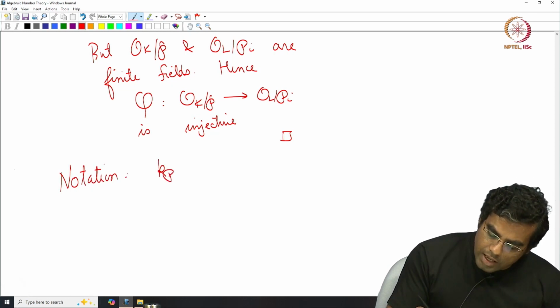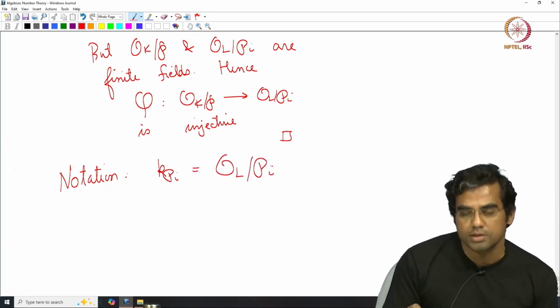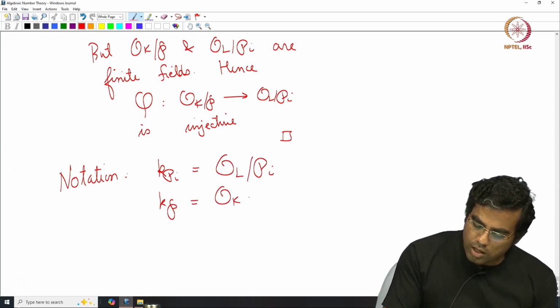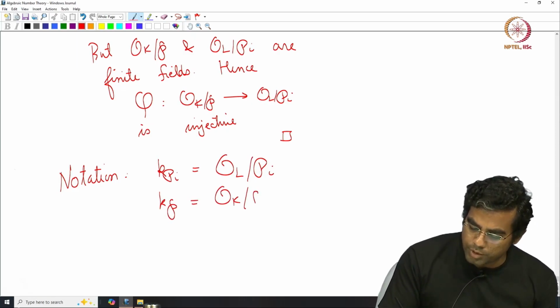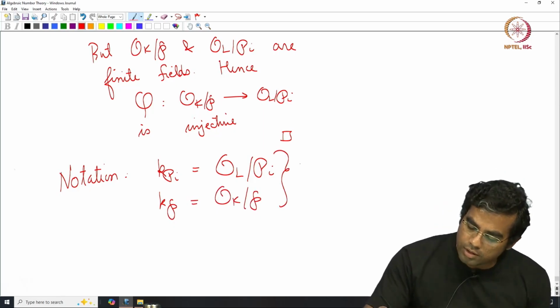We denote by KPi this OL mod Pi, this is a finite field, and then KP is OK mod P, right. So, these are called residue fields.